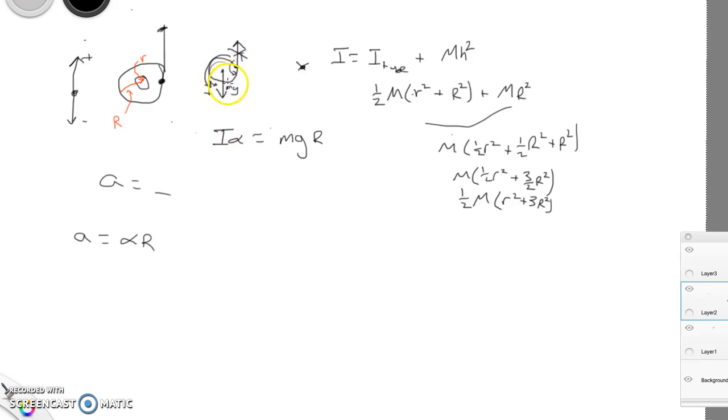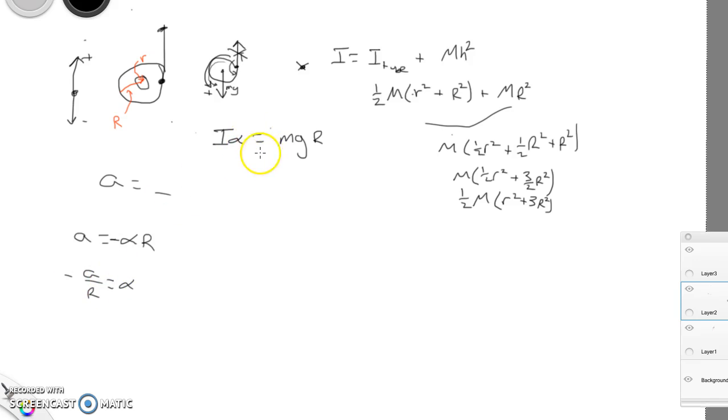This is a positive angular acceleration, but as it goes downward, that's a negative linear acceleration, which means that this is negative, because these are going to be opposite signs in this case. When we have a positive angular acceleration, that means a negative linear acceleration for this circumstance. And so that's why I'm putting the negative there, which means that negative a over r is equal to alpha.